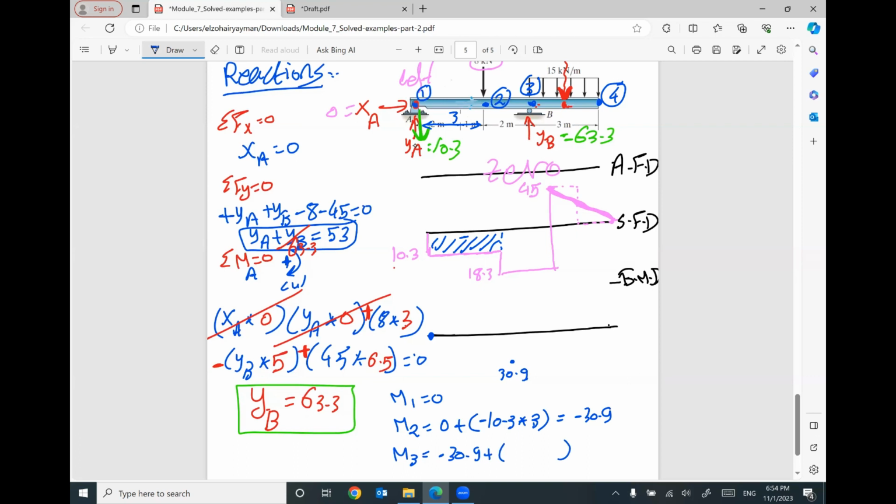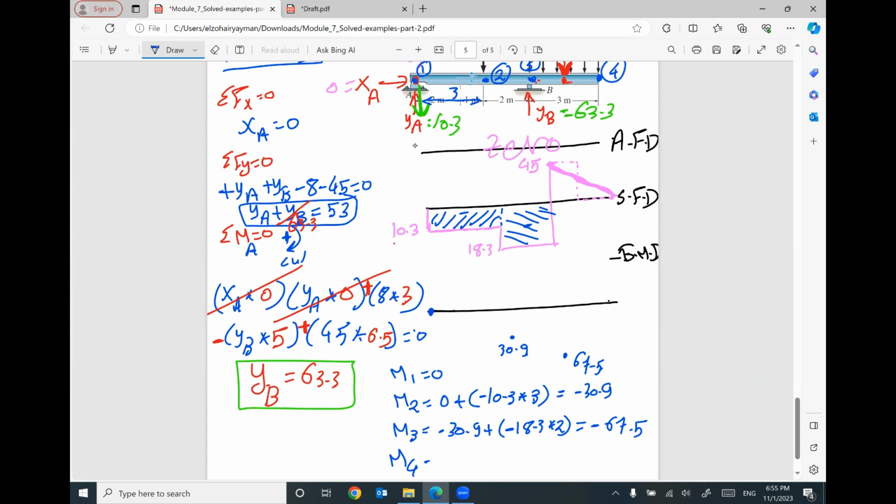What is the area of shear between 2 and 3? It's a negative 18.3 times 2. Your value will be more negative. Negative 67.5. So I have more negative value here, 67.5.